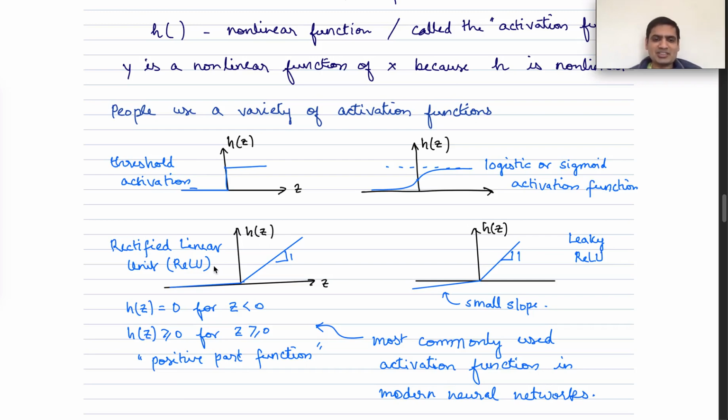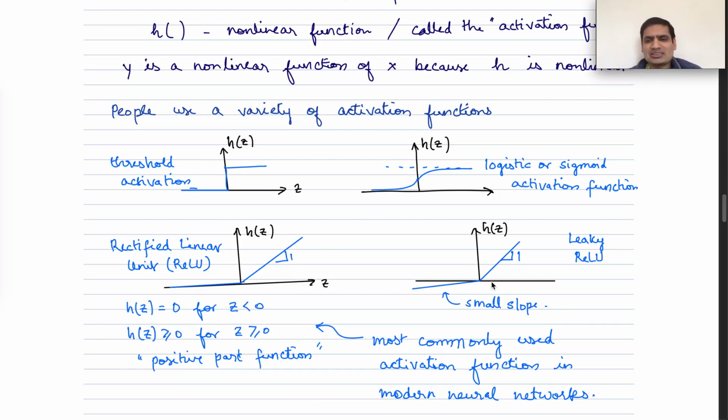That's called rectification, letting through only the positive part of a signal. I sometimes like to call it the positive part function, which is what it does. So if you give it an input, if it's a positive number, the output is the same positive number. If it's a negative number, you get a 0. So it gives you the positive part of the input.